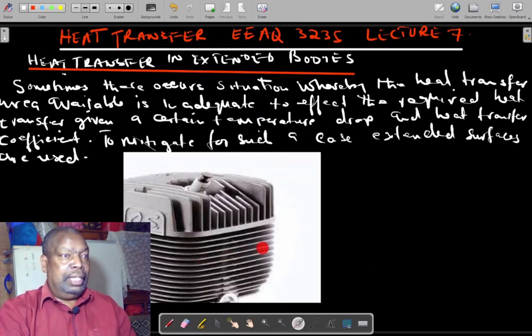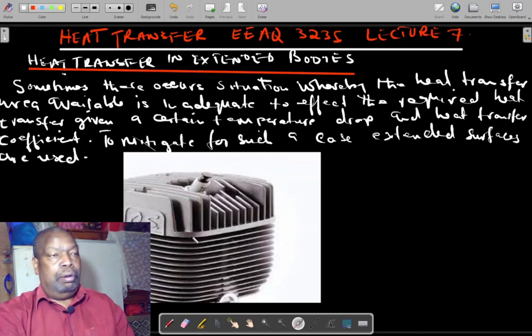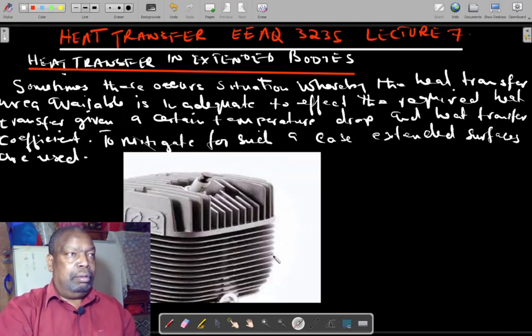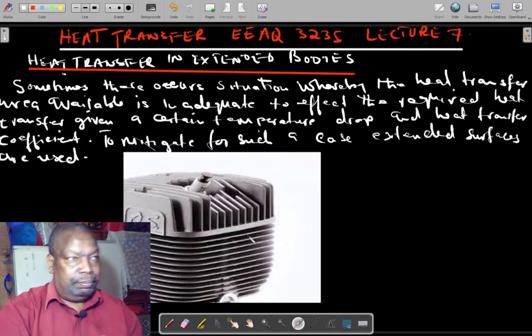As you can see, here we have our extended surfaces, and also up there we have some more extended surfaces. So this is a good example of applications of the theory of extended surfaces or bodies.